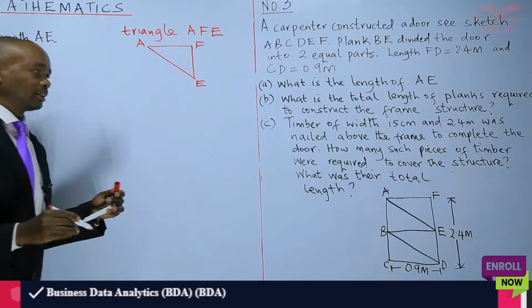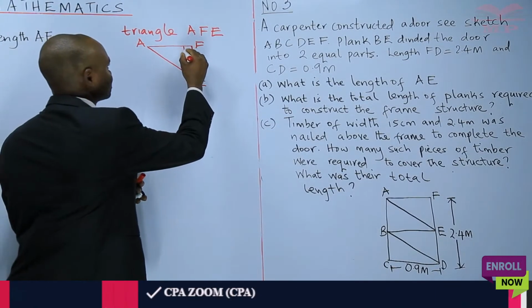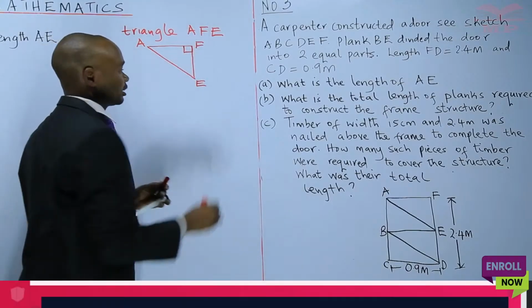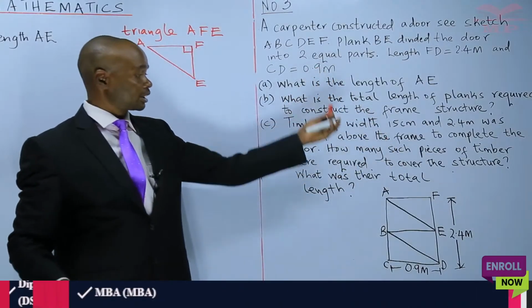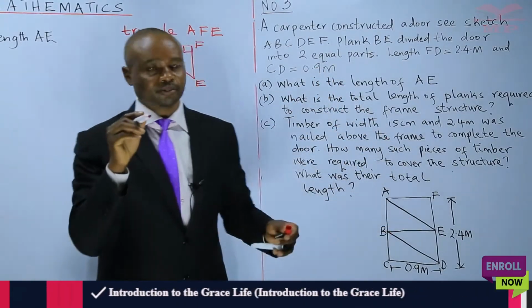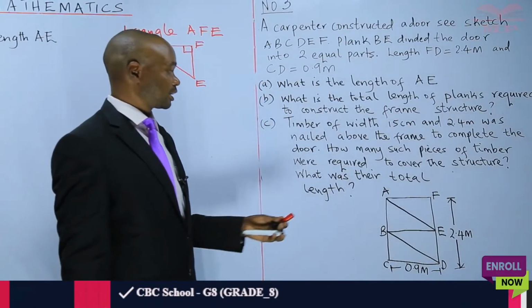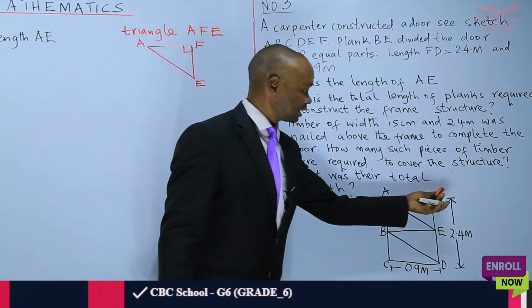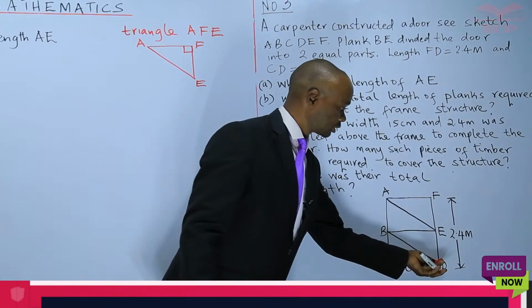Looking at it well, because the door is square, it is a right-angled triangle with a right angle at F. And if you look at the question, you are told plank BE divided the door into 2 equal parts. So that plank would divide that length FD into 2 equal parts.